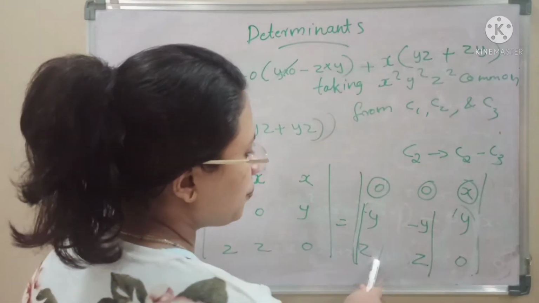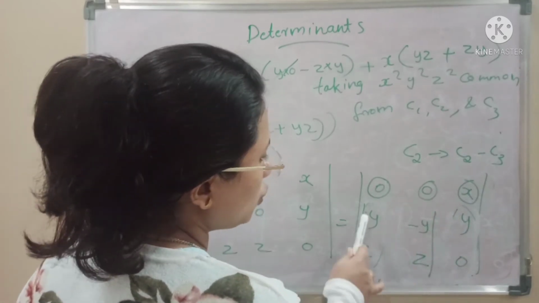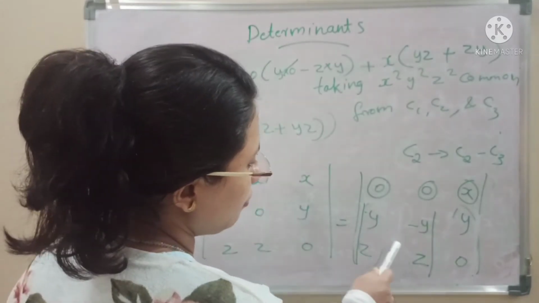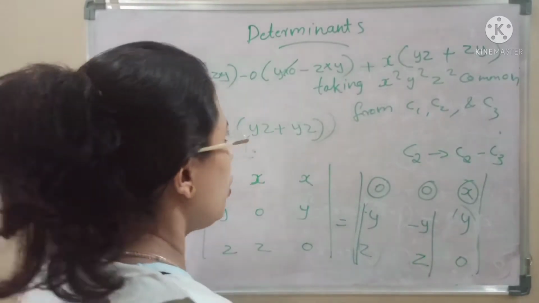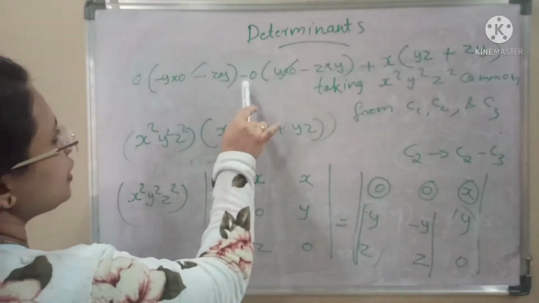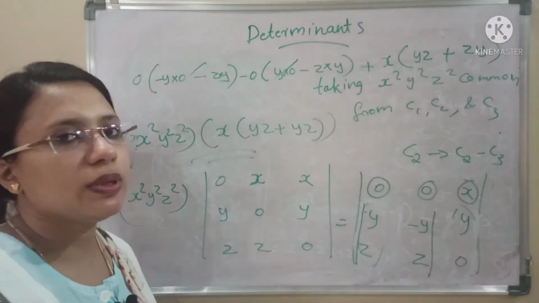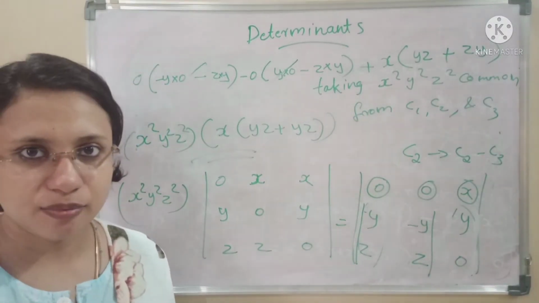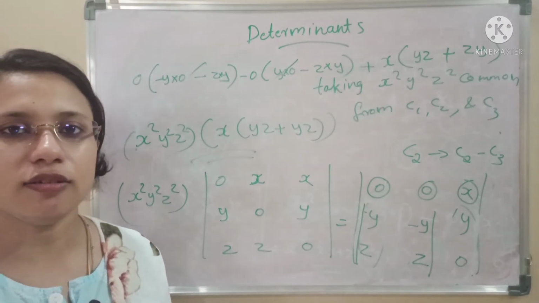Okay, and here what we will do, this term into this order. Okay, cross multiply yz minus these two. Also keep in mind, alternately when we consider each element, the sign also will change. Okay, if you are clear with these procedures, you will easily solve determinant problems.